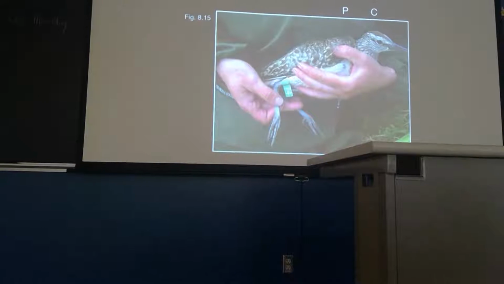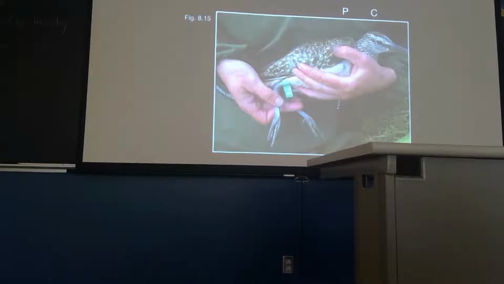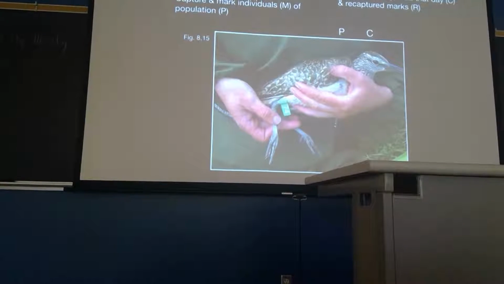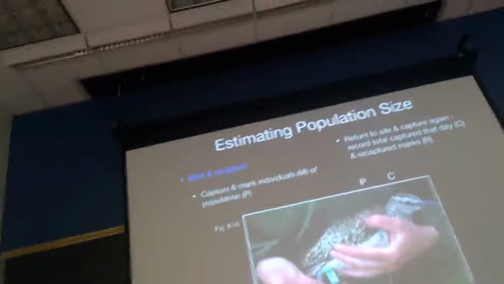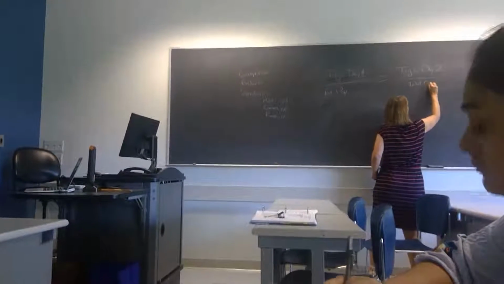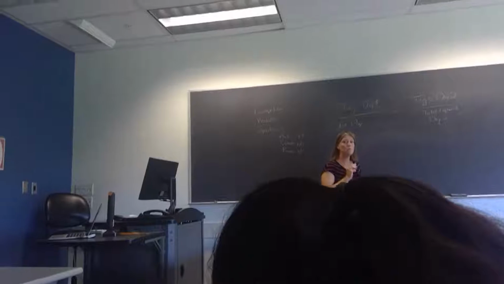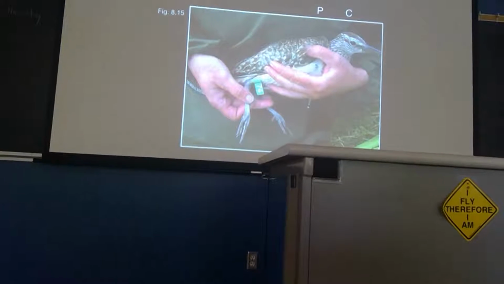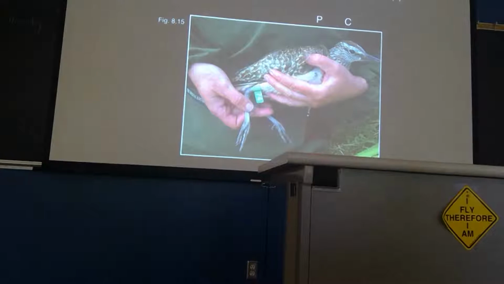You capture organisms again and record the number of tags you recovered versus the total number you caught that day. That proportion of tags to total caught on day 2 should be the same proportion as the tags you put out on the first day to the total population. That is how this math works.